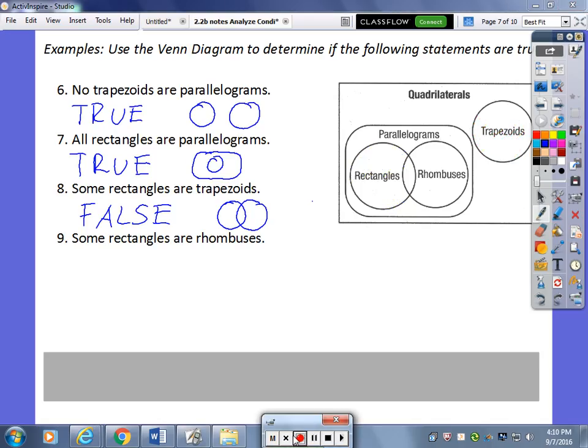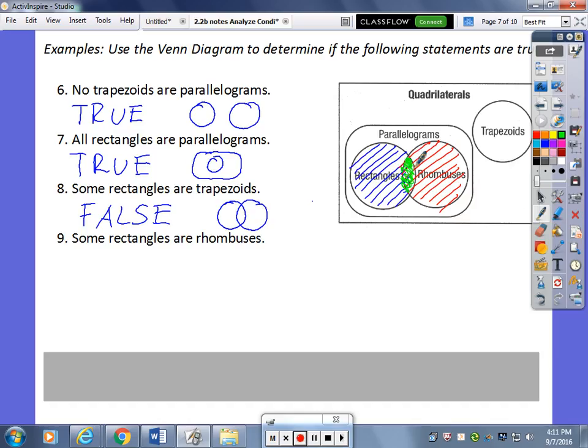Last but not least, some rectangles are rhombuses. If we look at our circle with rectangles, and then we look at our circle with rhombuses, we see that they indeed overlap. And in here, this part is where rectangles are also rhombuses.